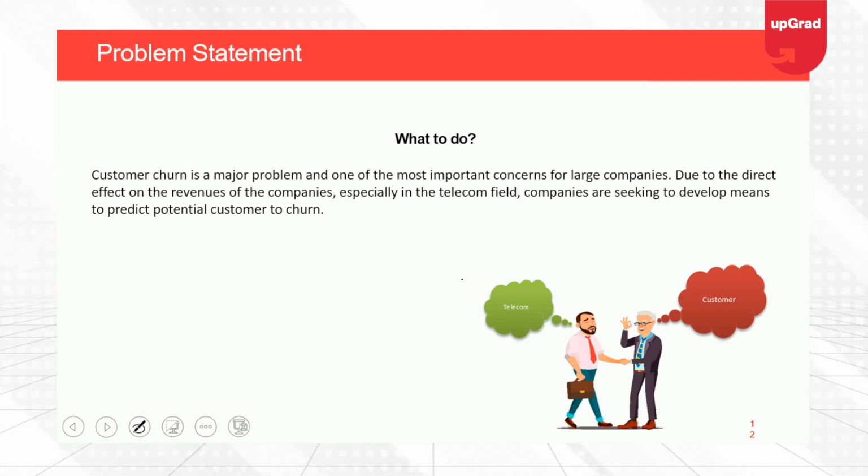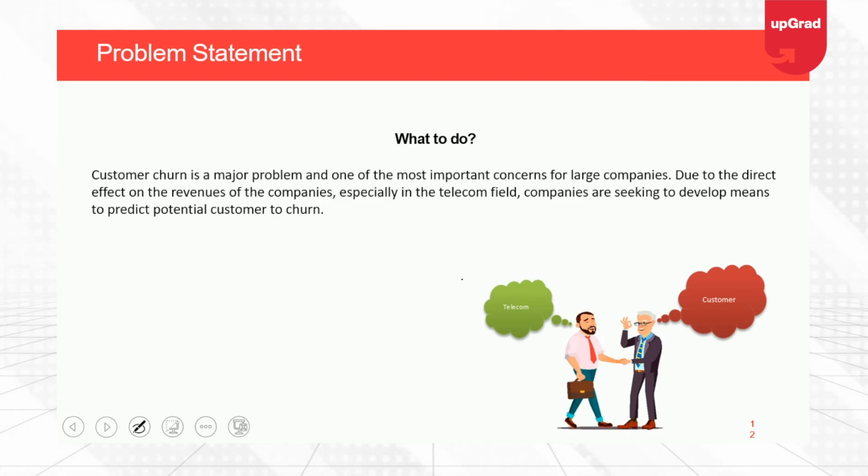Due to its effect on revenue, especially in the telecom field, companies are seeking to develop means to predict potential customers to churn. Therefore, finding the factors that increase customer churn is important to take necessary actions to reduce this churning.